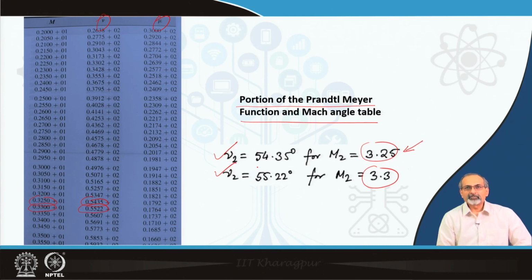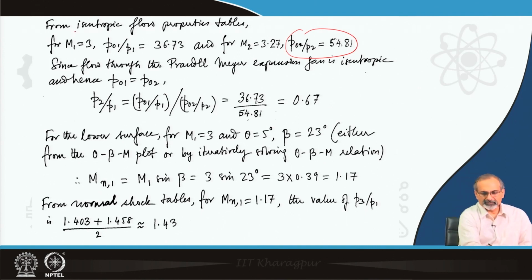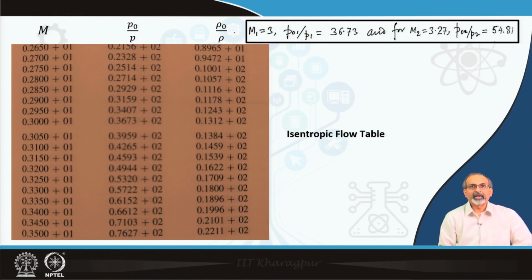Now, for that particular Mach number, we would be interested to know what would be the ratio of P naught 2 by P 2, and for that you of course have to read the isentropic flow property tables, because through the Prandtl-Meyer expansion the flow is undergoing an isentropic expansion. We have a portion of the isentropic flow table here.